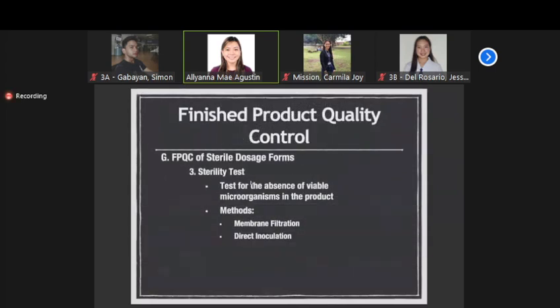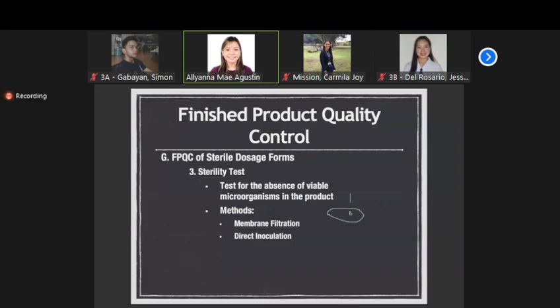Okay. Next, sterility test. So pag sinabi nating sterile, 'di ba? Walang any microorganism in the product. So we have your sterility test. So first, we can do membrane filtration. So sa membrane filtration, class, i-filter mo yung product sa membrane filter, of course.